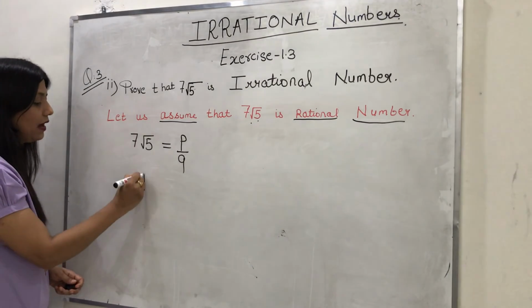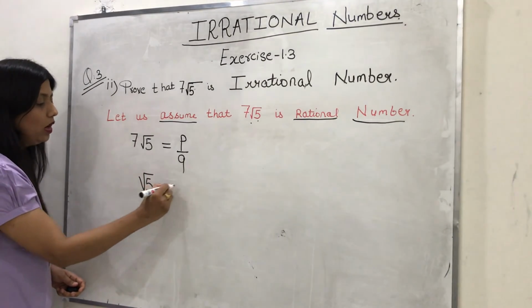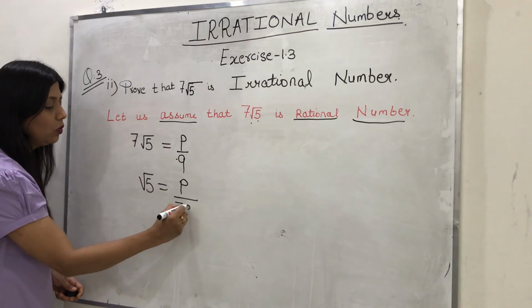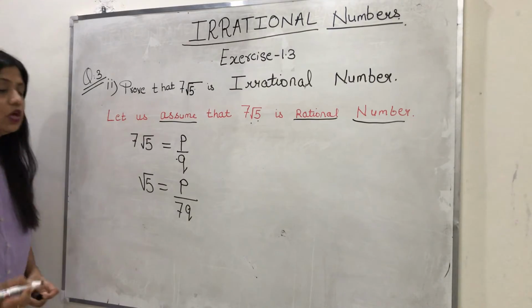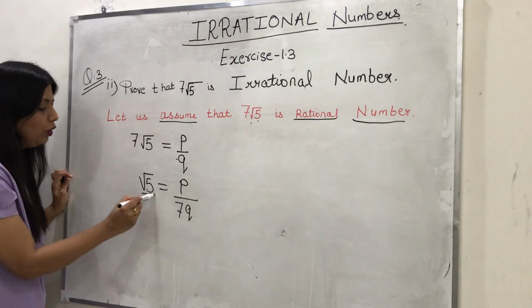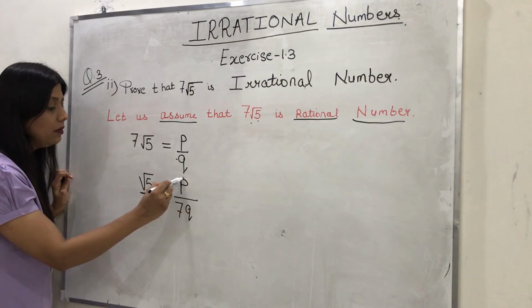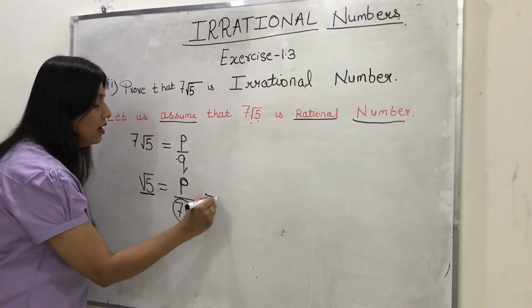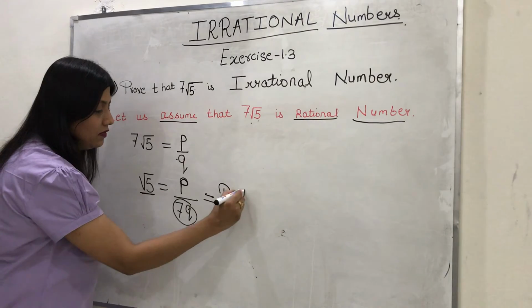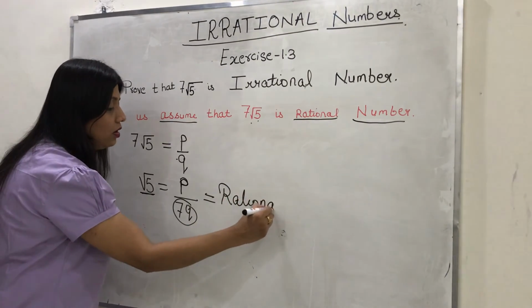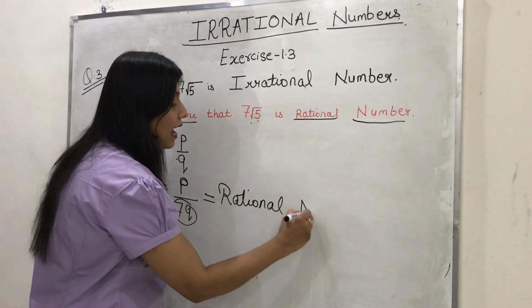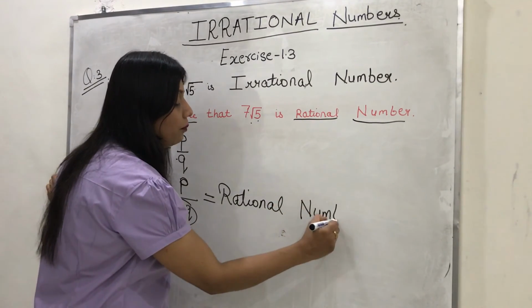So I can say that root 5 is equal to p upon 7q. Since I can write root 5 in p by q form, I can say that it is a rational number.